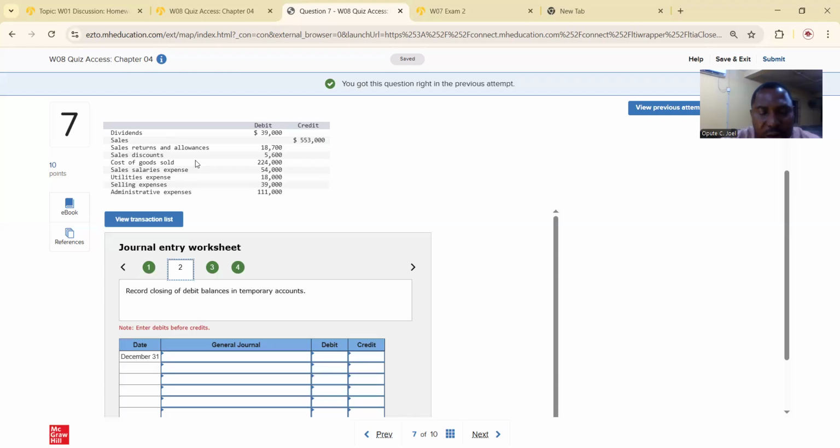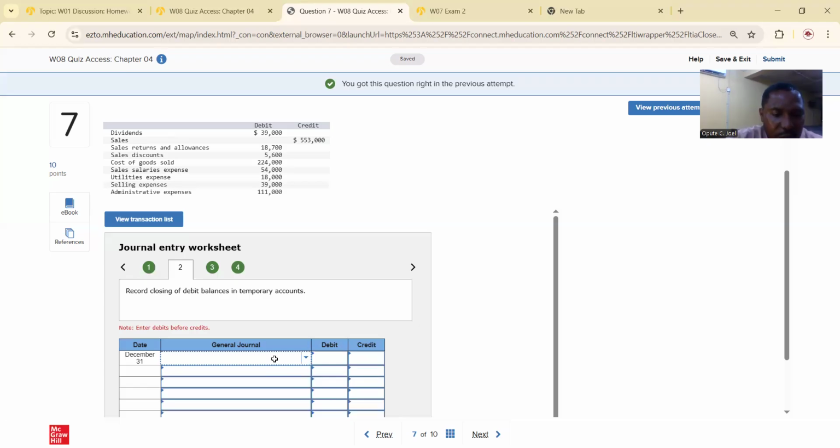We don't see these in a service company. Expenses increase in debit, so to close them we will credit them, so they decrease, and then we debit income summary.